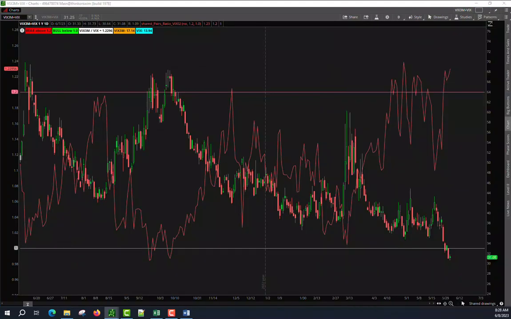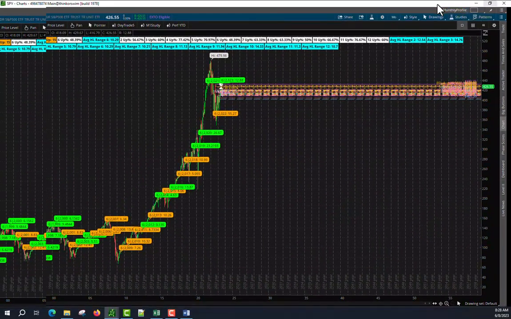Okay, now we're going to trade SPY today. So we take a look at the SPY monthly. Here's our SPY monthly, right?